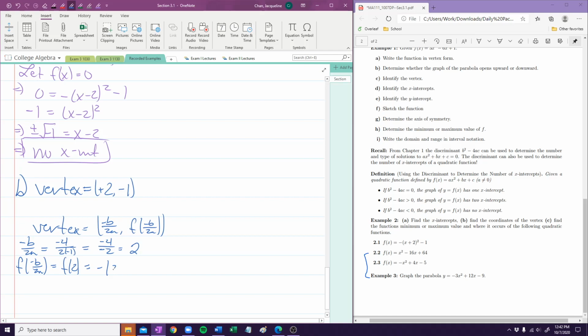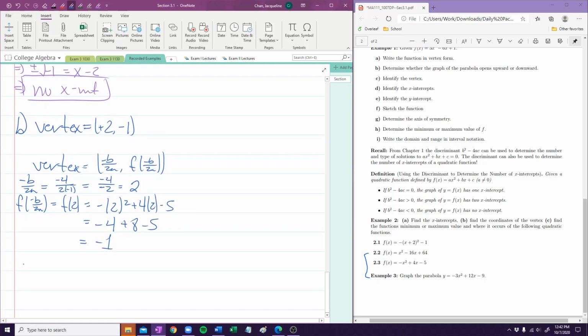So I have negative 2 squared plus 4 times 2 minus 5. So I have negative 4 plus 8 minus 5. This is negative 1. So the vertex is 2, negative 1, and that fits with our vertex form. So very nice.